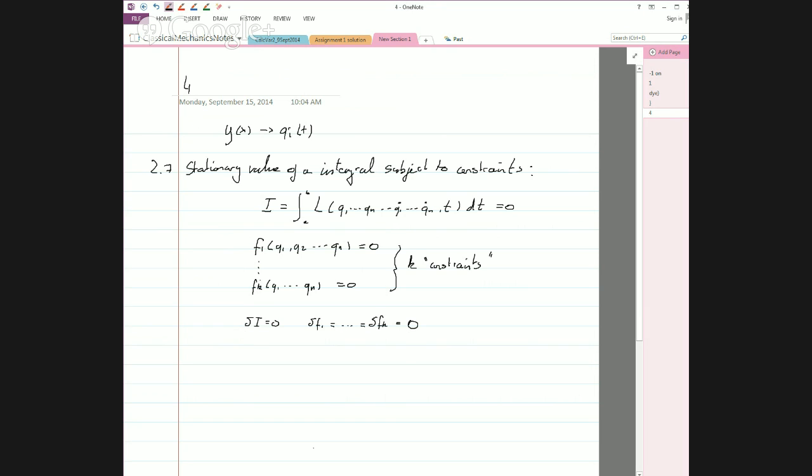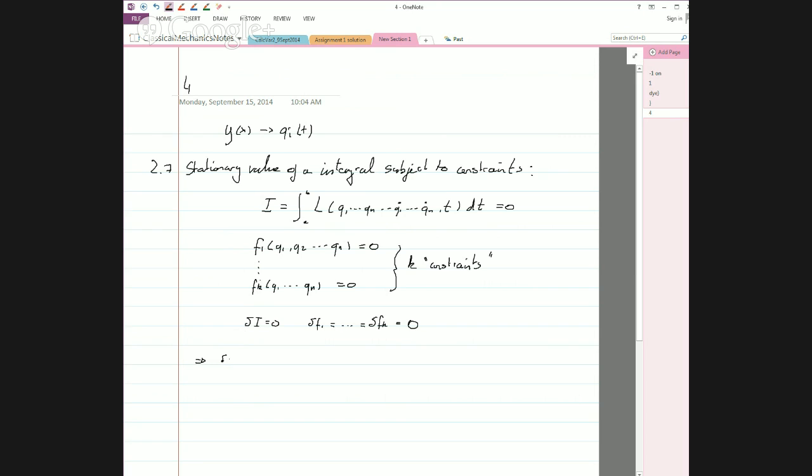Right? So I can again construct a thing that's equal to 0 plus 0 that's still going to be 0. So let me construct delta I plus lambda 1 delta F1 plus lambda 2 delta F2 plus lambda k delta Fk.